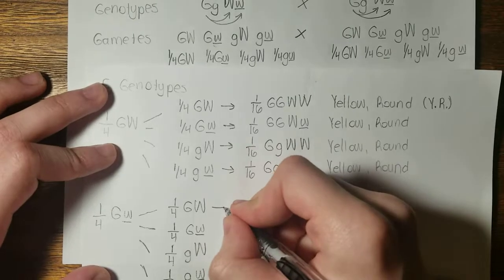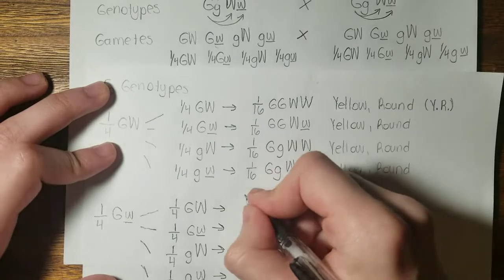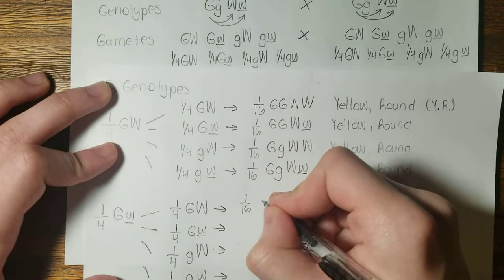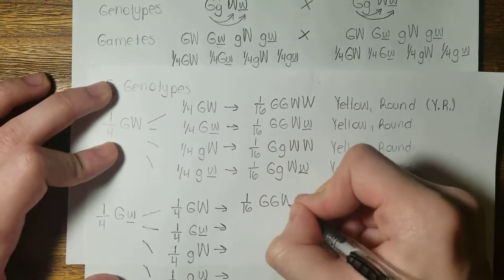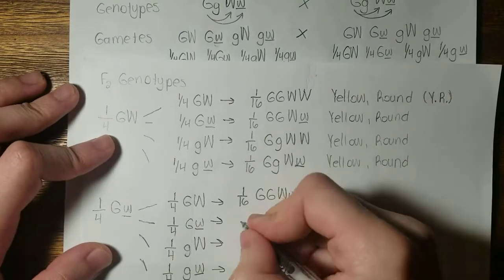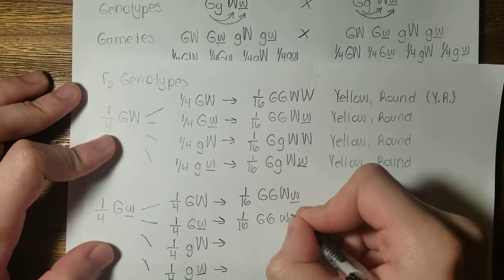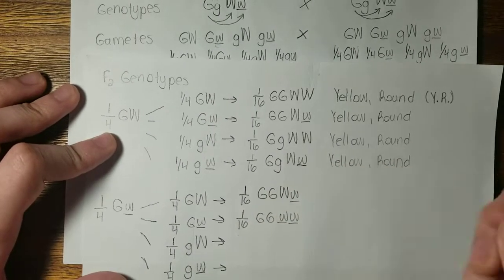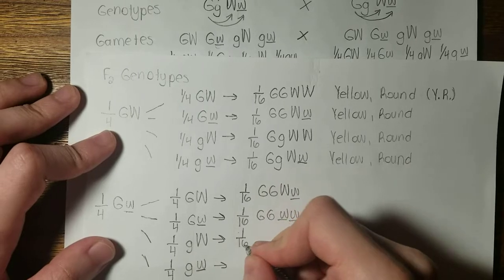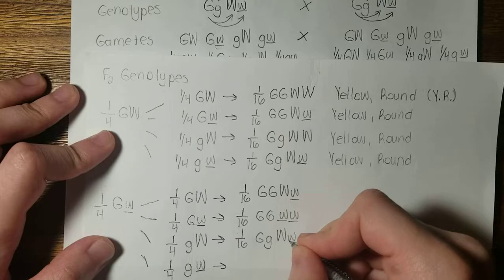Doing the same thing that we did above. So we get 1/16 big G big W little w. Then we get 1/16 big G little w. Then we get 1/16 big G big W little w.